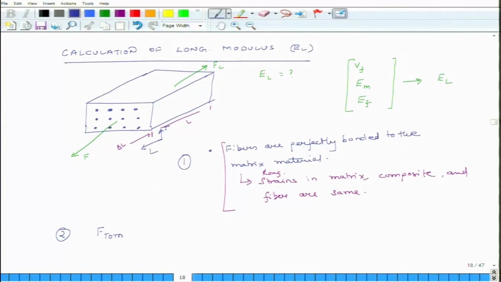It is that F total is equal to, and actually I will not call it F, I will just make it P, just to be consistent with my notes. So, P total is what? P composite, right. The total force which is being experienced by the composite is equal to Pf plus Pm, and this is equal to Pc.